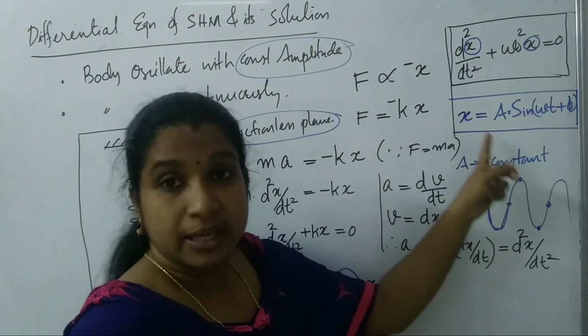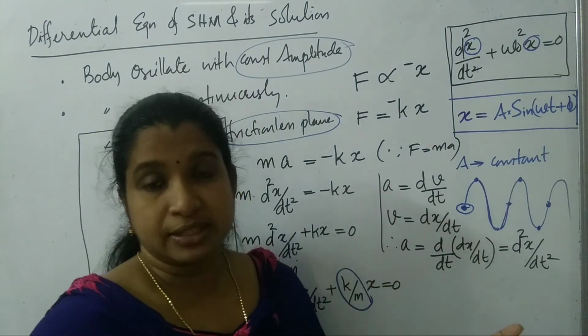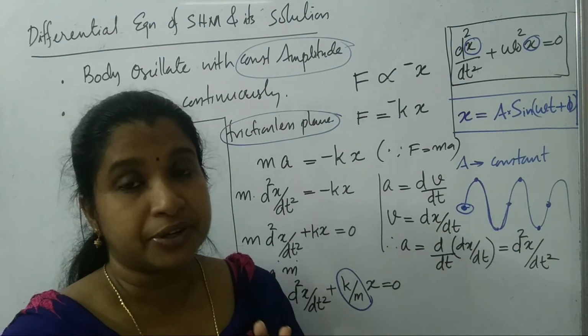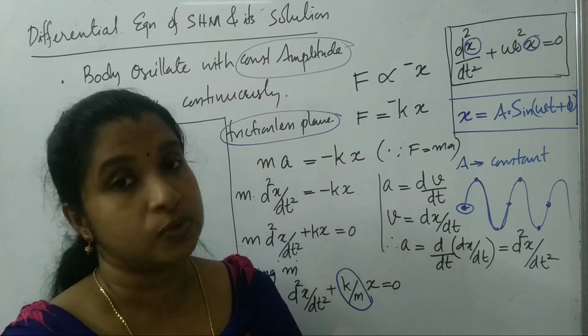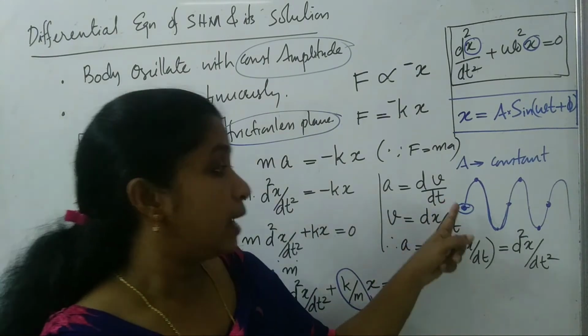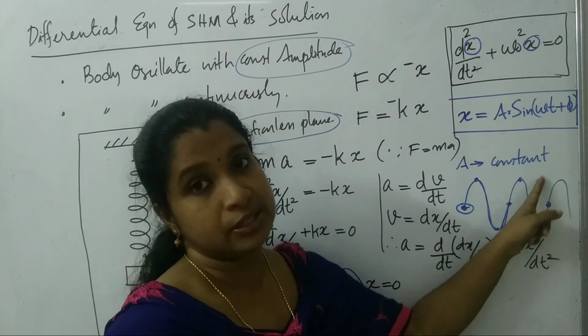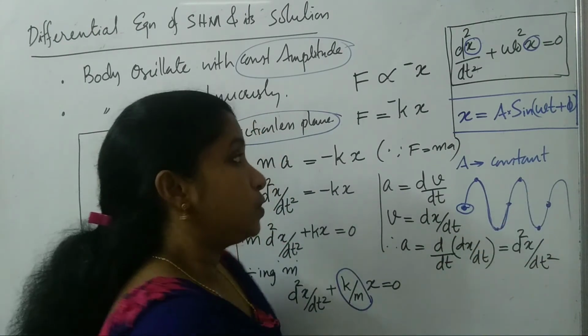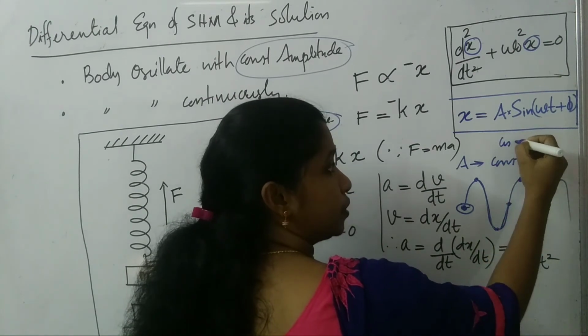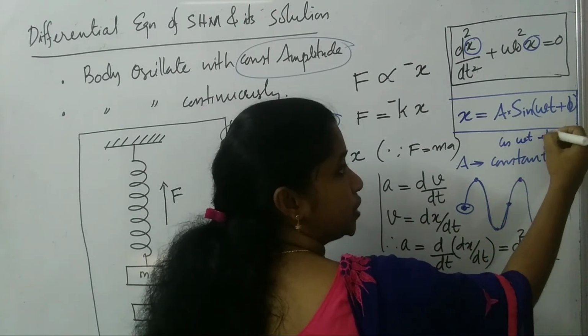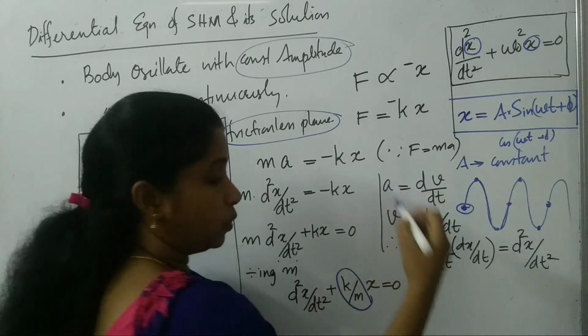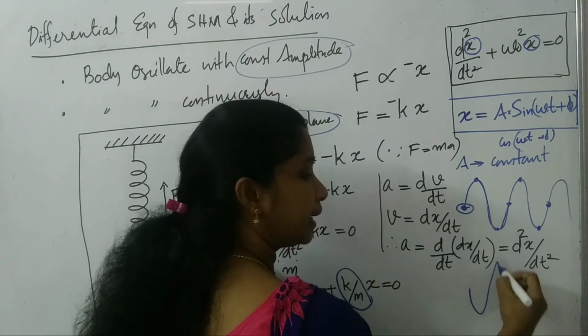So in a mathematical equation, if a sine function is there, what is the meaning of that? That function is periodic or oscillatory. Periodic means the function repeats in regular intervals of time. And what is the meaning of the cos function? Cos function means the motion starts from the negative half cycle.